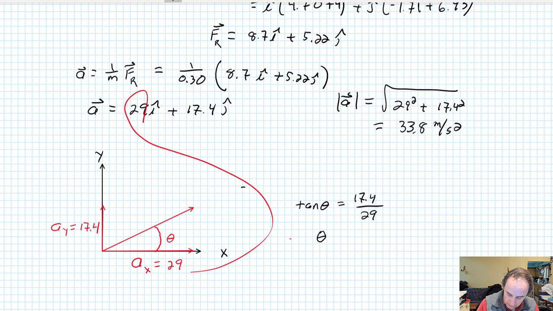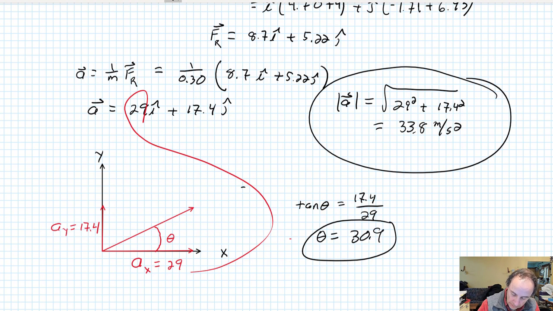So our angle is 30.9 degrees. So in terms of magnitude and direction, the acceleration is 33.8 meters per second squared at an angle of 30.9 degrees relative to the positive x-axis.